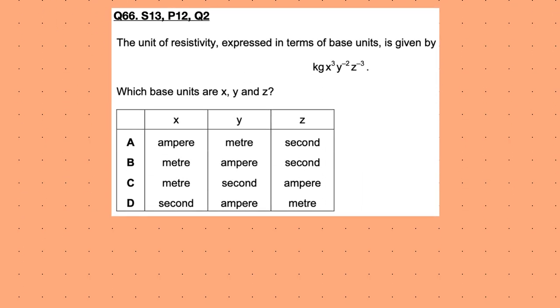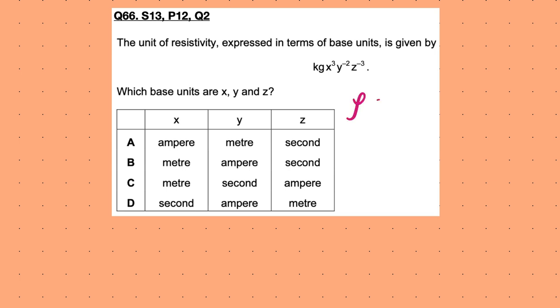Let's go on to the next one. Now this one is a bit more challenging just because there's more algebra, but otherwise it's pretty much the same type of question. The unit of resistivity expressed in terms of base units is given by this. Which base units are x, y, and z? Okay. Now for this, you need to know the formula for resistivity, which was not in the O-level physics syllabus.